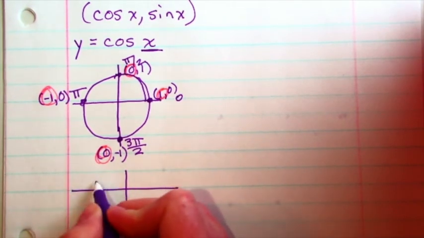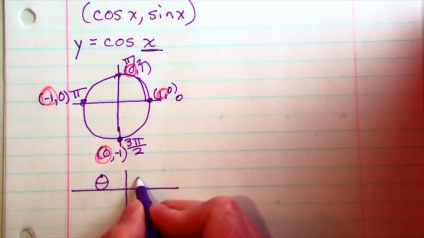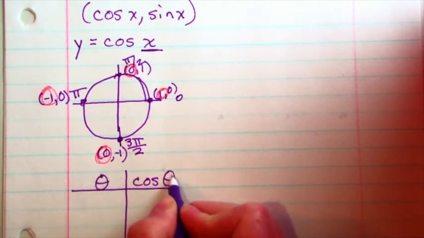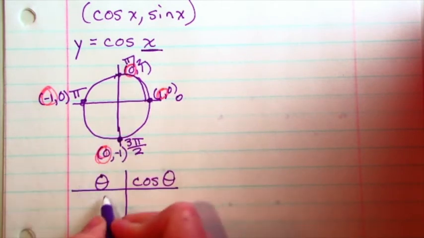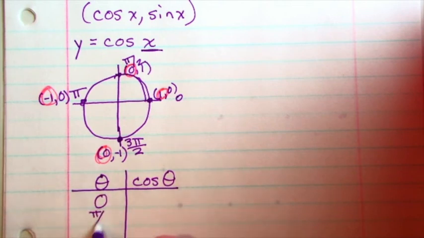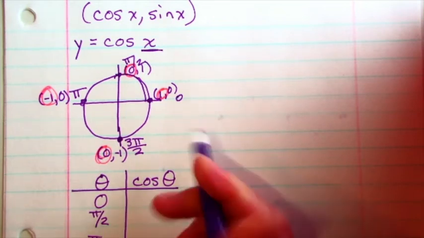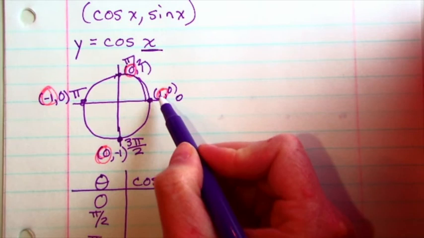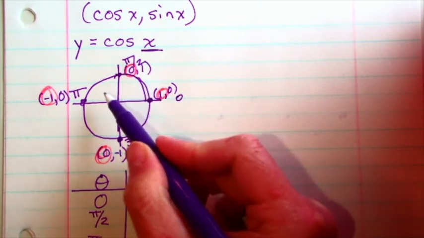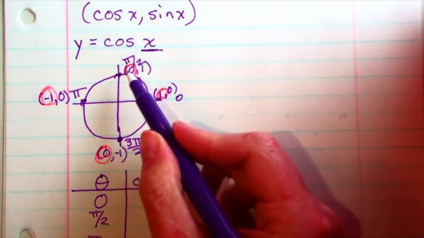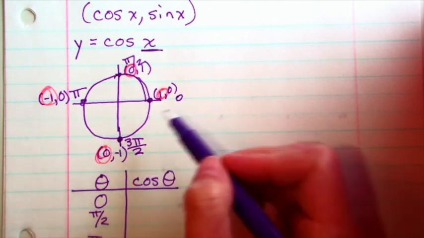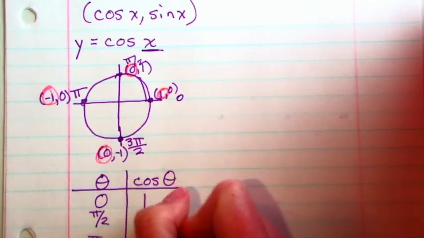This is my angle, and this is the cosine of the angle from my unit circle. So we're going to do 0, pi over 2, pi, 3 pi over 2, and 2 pi. And if we look at these ordered pairs and we pull those cosine values out, we're going to start at 1, 0, -1, 0, and back to 1.